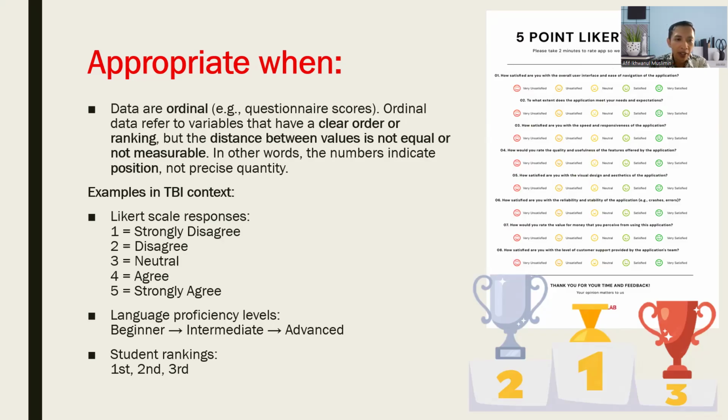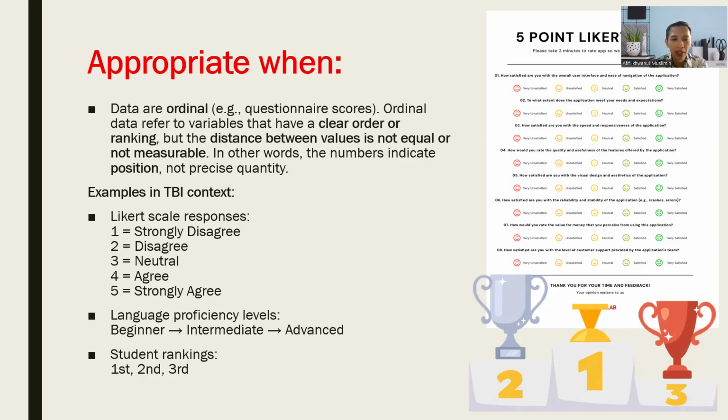For example, in the TPI context, you share a questionnaire and the Likert scale responses will be 1 for strongly disagree, 2 for disagree, 3 for neutral, 4 for agree, 5 for strongly agree. You might also discuss language proficiency level, from beginner to intermediate and advanced.